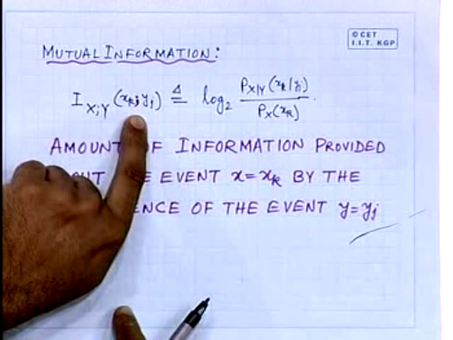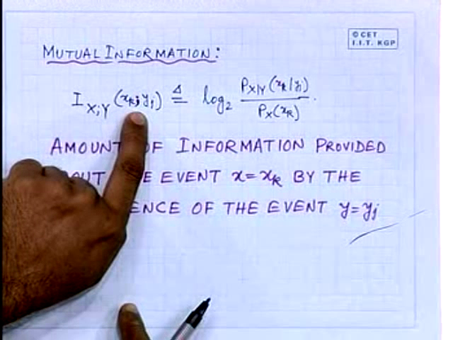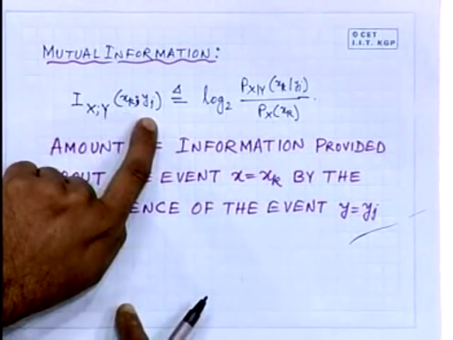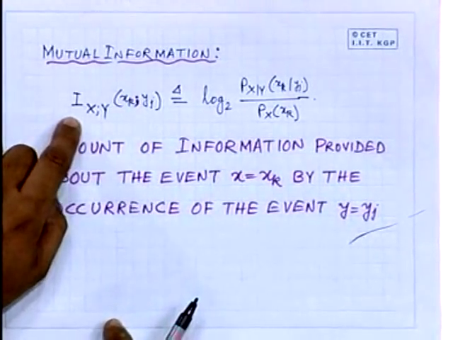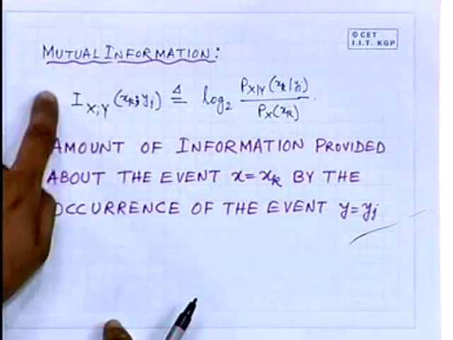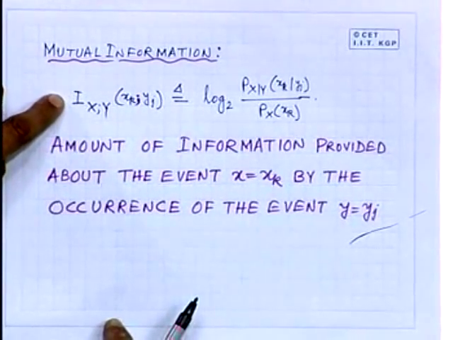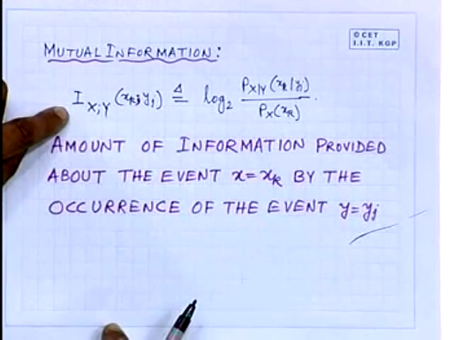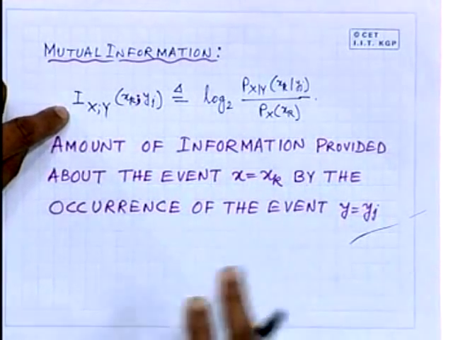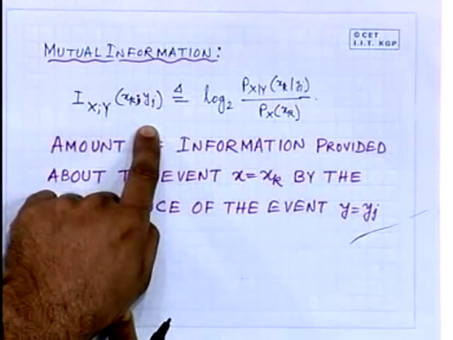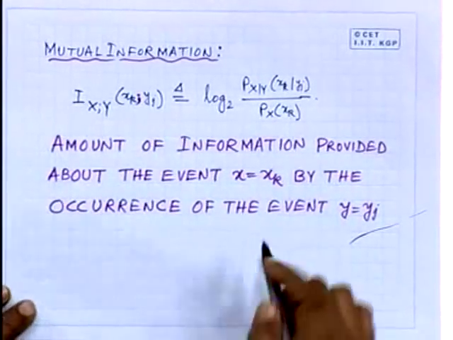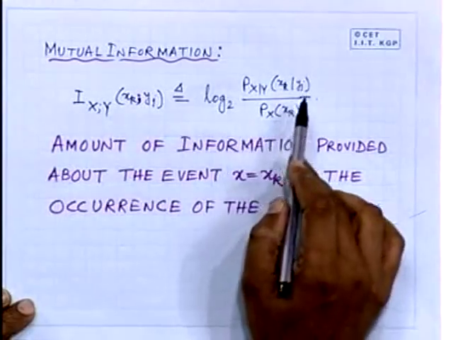Please note that by convention we introduce a semicolon between xk and yj, the two outcomes of the two experiments x and y. This is the symbol for the mutual information defined over a joint, in this case two-experiment, ensemble X;Y, and by definition this mutual information is log base 2 of this.